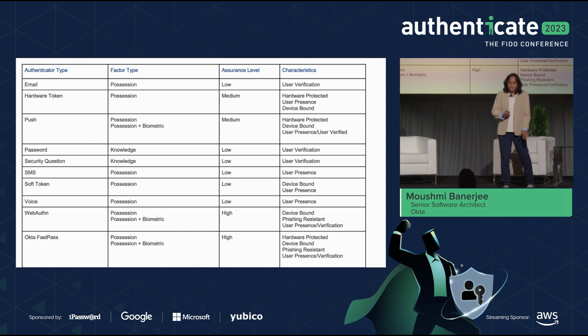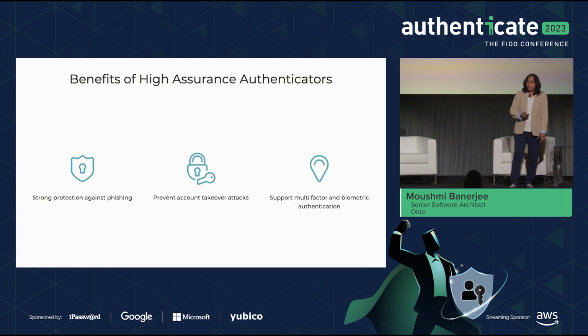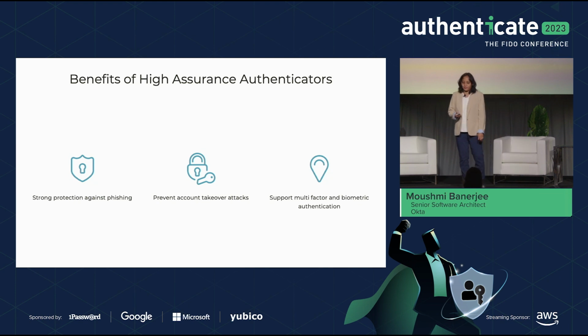So let me refocus on it. There's three categories of assurance strength of the authenticators: low, medium, and high. Let's focus on the high ones, WebAuthn, FIDO passkeys. So why would somebody use a high authenticator, right?